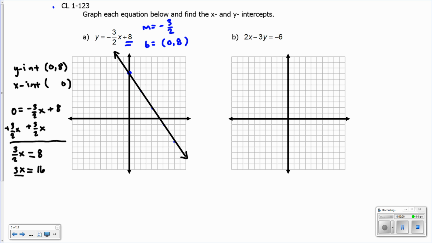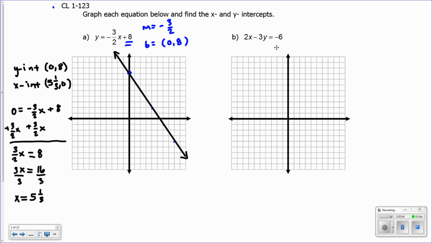Divided by 3, and you get x is equal to 5 1/3. That's what 16/3 equals. Let's see, 1, 2, 3, 4, 5, and it looks like it's just passed there. Awesome. So we've got 5 1/3 as our x-intercept.